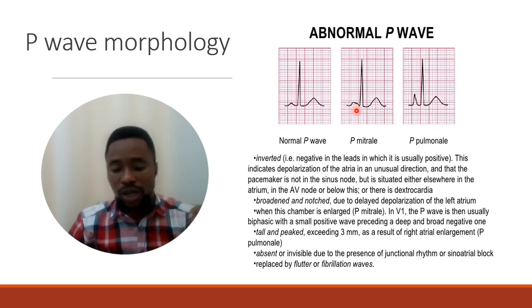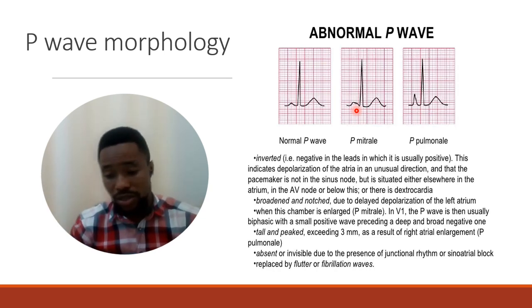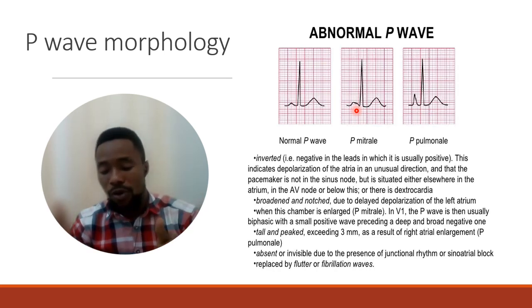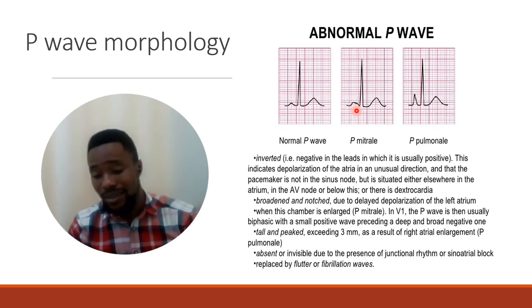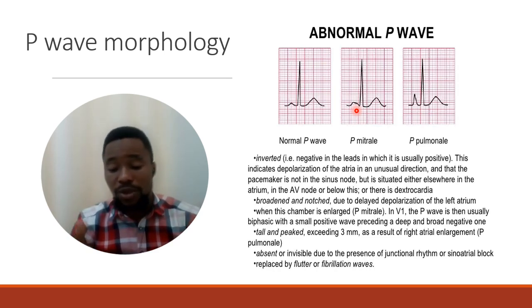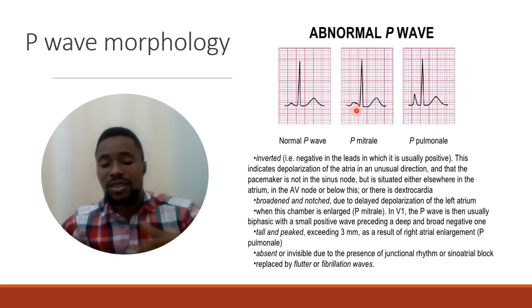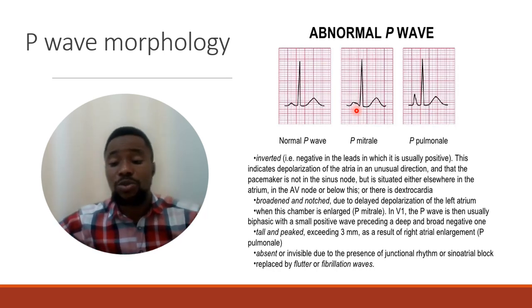The other things that you look at in a P wave are duration and amplitude. The normal duration of a P wave is 2.5 small boxes. We just finished the graph. So when I say 2.5 small boxes in duration, what I'm saying is 0.04 times 2.5, which is 0.10.